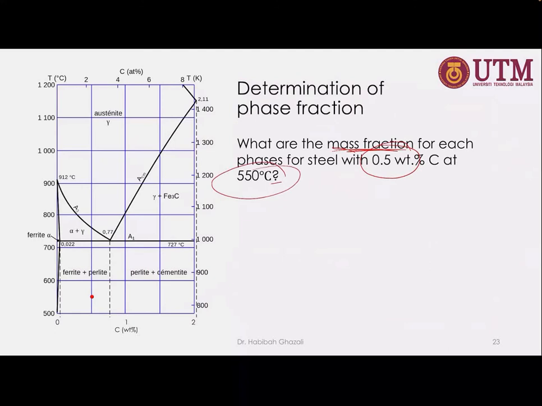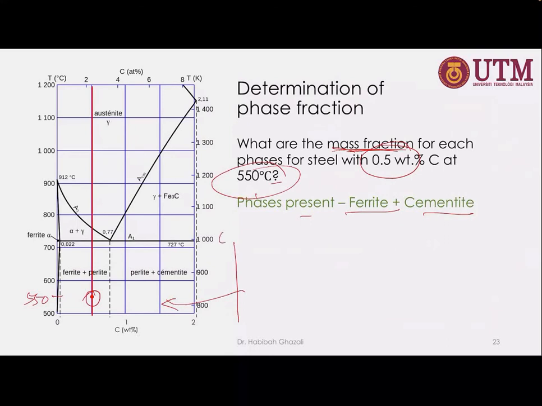Of course, at this point, the temperature is 550. The phases present are ferrite plus cementite. Cementite comes from the right side, where there's a vertical line at 6.77% carbon.